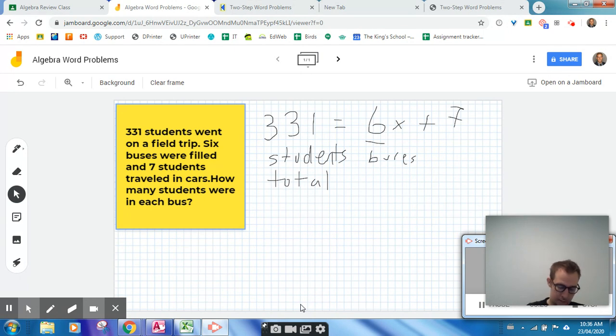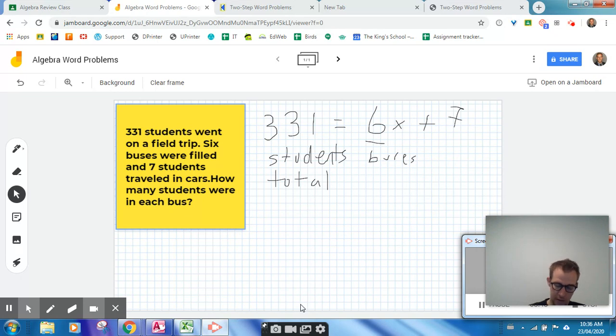We know that there are 6 buses, but we don't know how many students there are in each bus, and that's why that is X. That's why it's a variable, because we don't know how many students. In fact, that's what we're trying to solve with this problem.